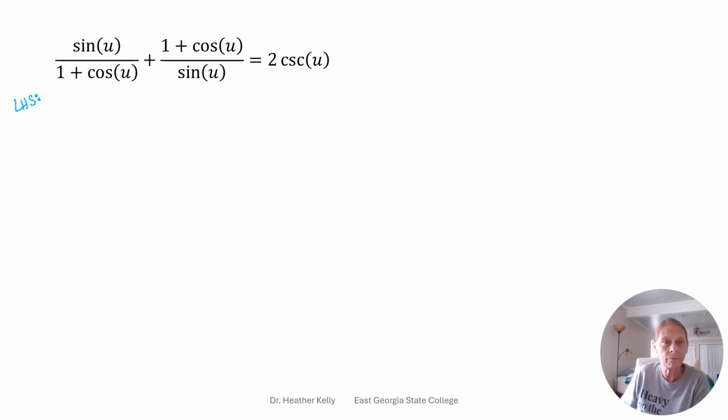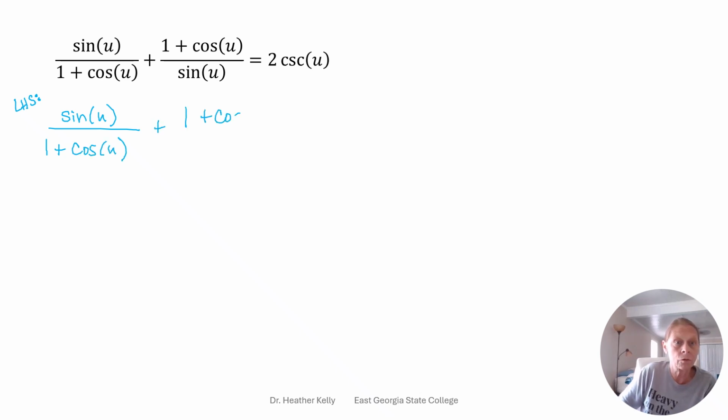Give me a second. I mean, this is how I would go after it. Yeah, I'm just going to work that left-hand side, okay? So I just looked at my notes, make sure I wasn't fixing to go down the wrong path there. Okay, so let's go sine u over 1 plus cosine u plus 1 plus cosine u over sine u.